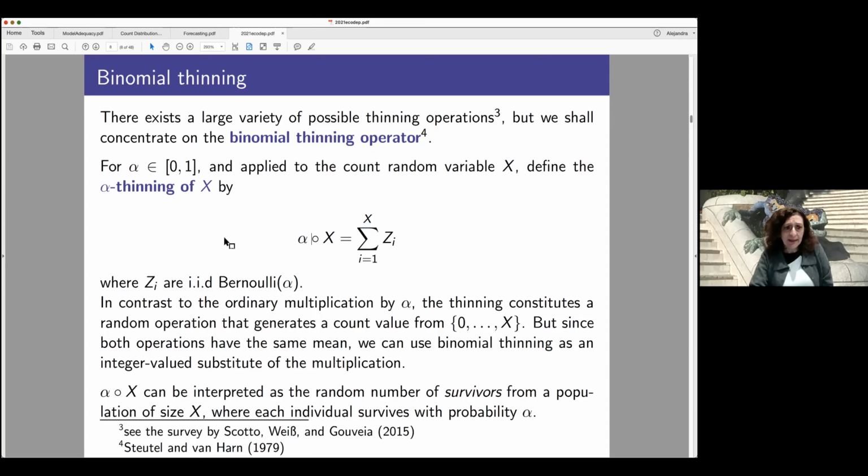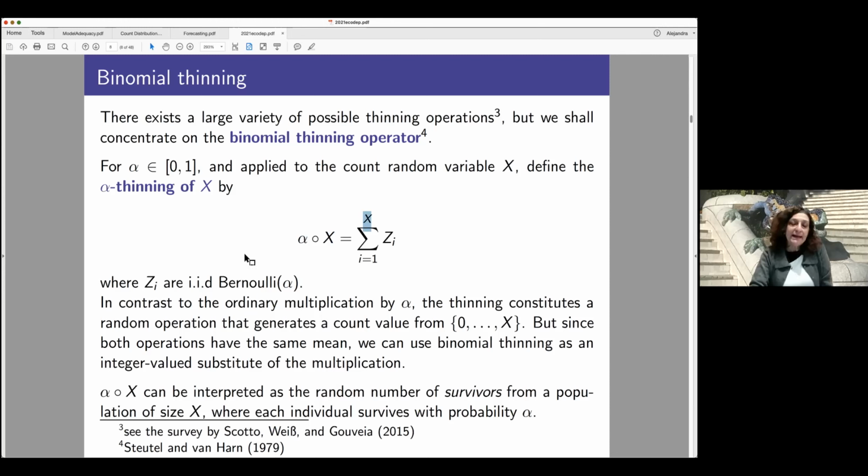So what we get by the alpha thinning is a randomly generated count between 0 and X. And of course, the expectation of the alpha thinning of X will be alpha times the expectation of X. So in that sense, it mimics what happens with the regular ARMA process when we put here the past of the X.